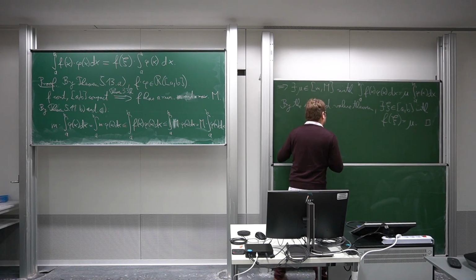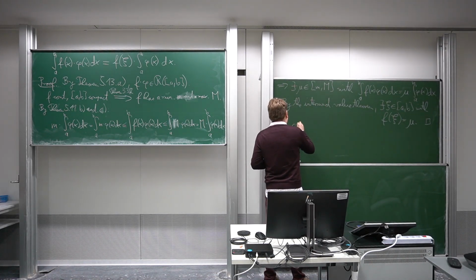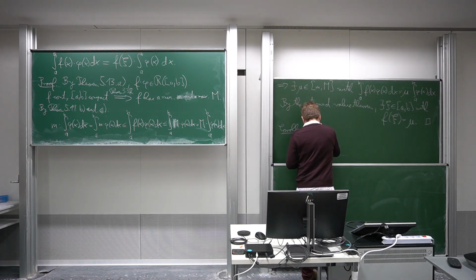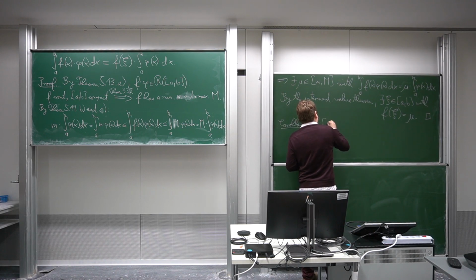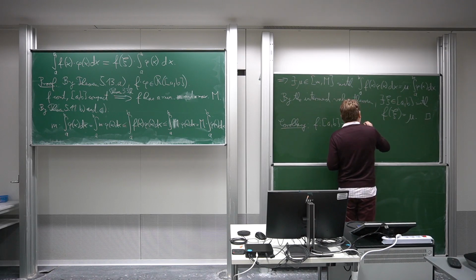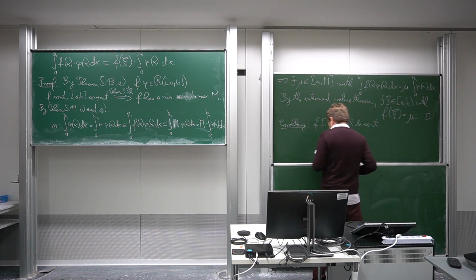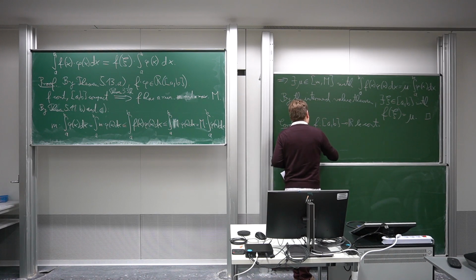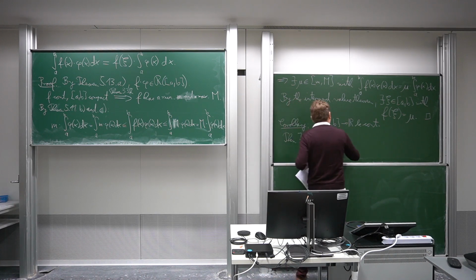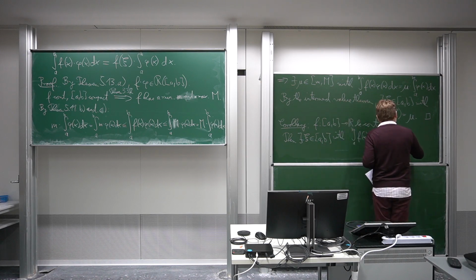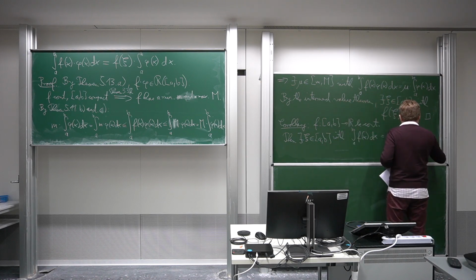Just one final remark, one corollary and then one remark. There's one special case which is particularly interesting. So let f be a continuous map from [a, b] to R. Then there exists a psi between a and b with the integral of f of x dx equal to f of psi times b minus a.